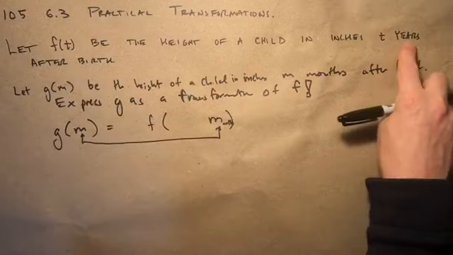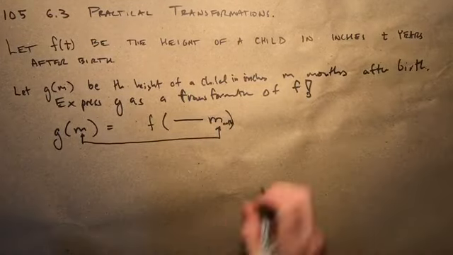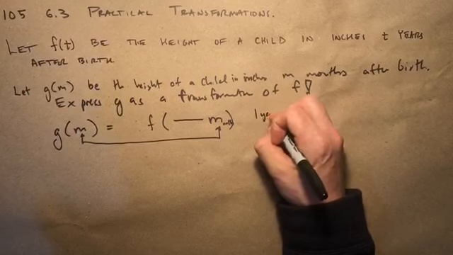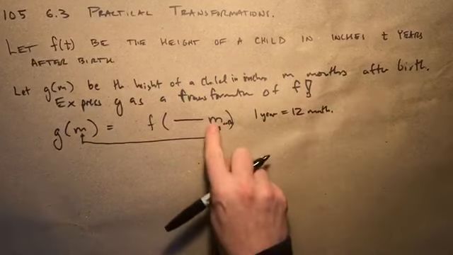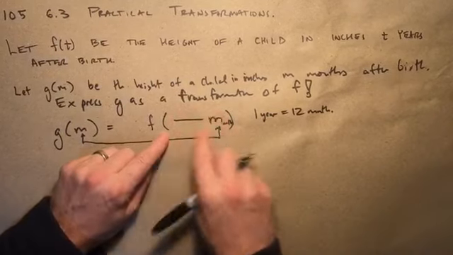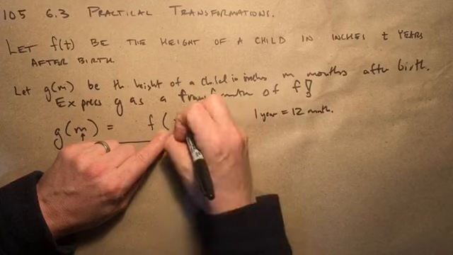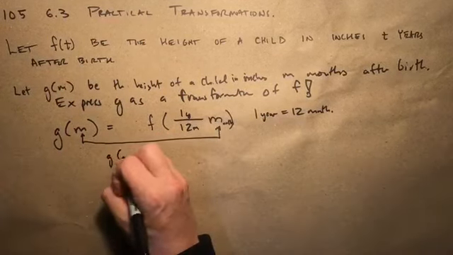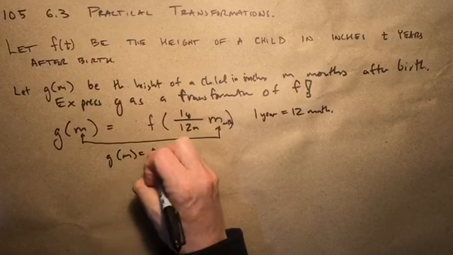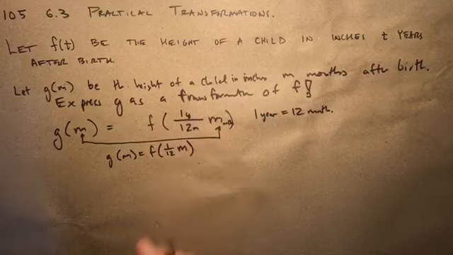Well, t has to be in years. And so really, I have a unit conversion to do. We know that 1 year is equal to 12 months. I have m months, and I need to have years in here, so I can put 12 months down, 1 year up. And so g of m is equal to f of 1/12 m, and we're done.